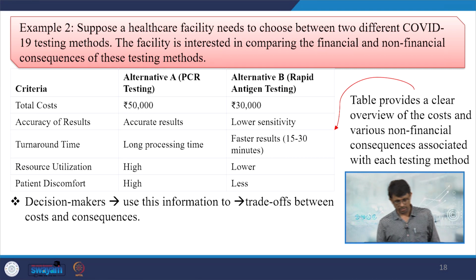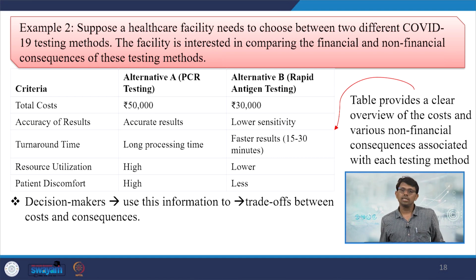So, there are two alternatives: one is PCR testing and the other maybe rapid antigen testing. The total cost may be 30,000 or 50,000. Accuracy of result, turnaround time, resource utilization, and patient discomfort, you can check in both ways.